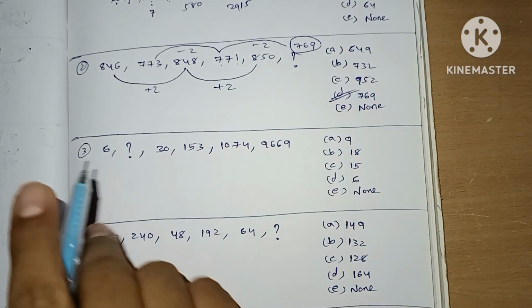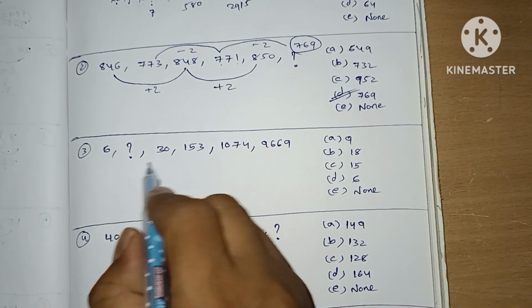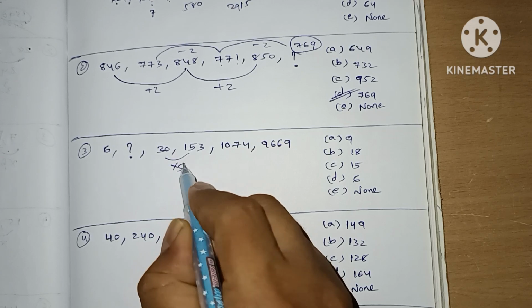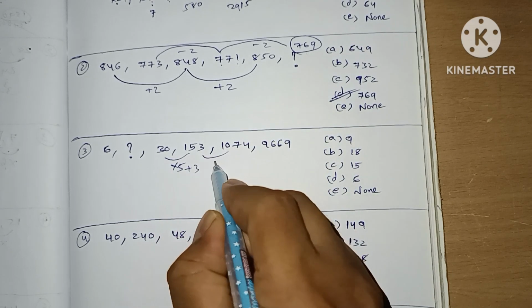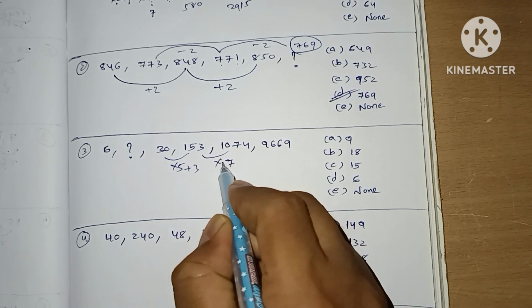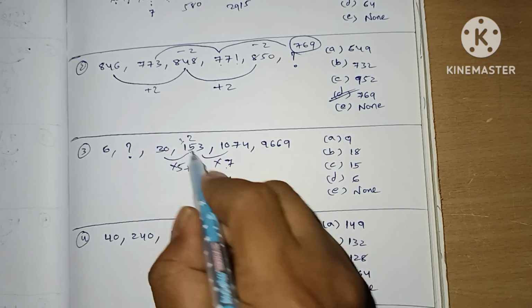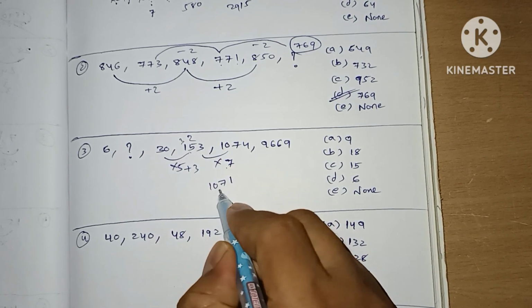Next, here we have, it is into 5 times plus 3. It is into 7 times. 7 times 3 is 21. 7 times 5 is 35, 37. 7 plus 3, 1071.